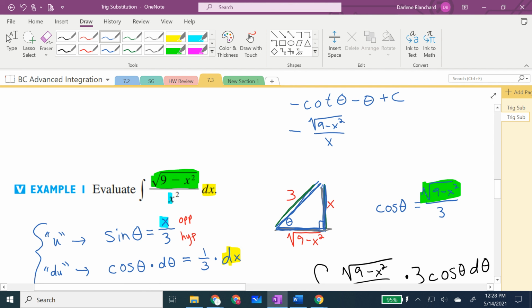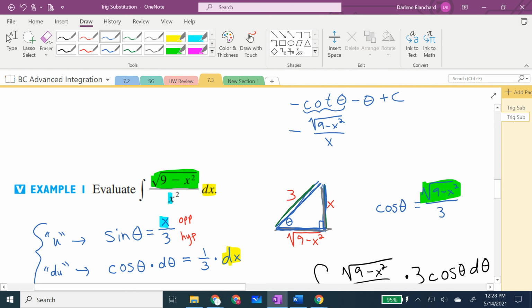Anytime you have a trig function and you need to convert back to the original variable, do not bring in an inverse trig function. I don't want to see a cotangent of an inverse trig function. It should be simplified.